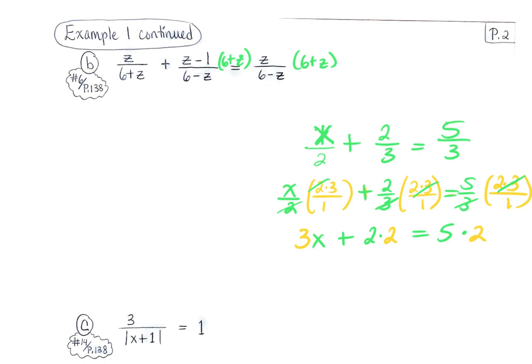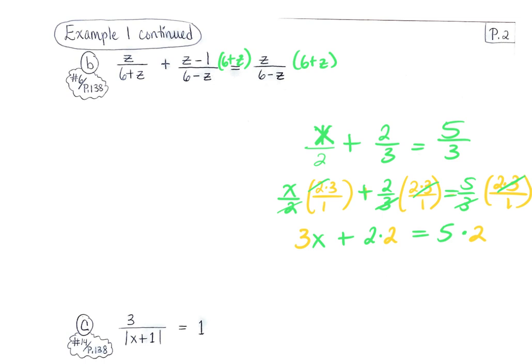What do you mean, what's itself? 6. No, but you're only taking part of it. You're only taking 6. This is 6 plus z in your denominator. Okay, so we need the variable constant. So again, my question is, what do we need to multiply all of this by to eliminate the rational expressions?